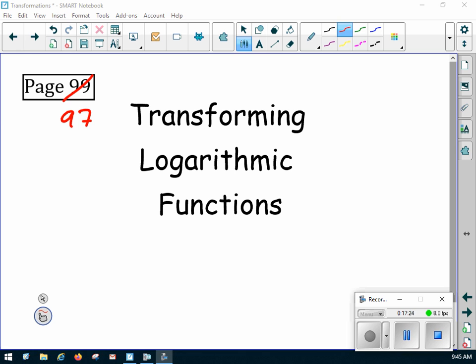On your table of contents, page 97, put 97 transform logs.